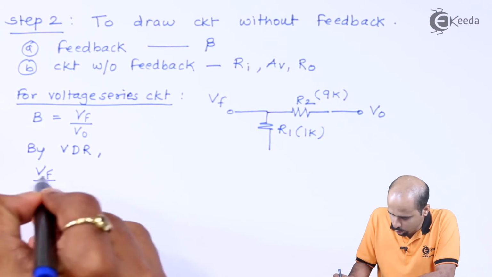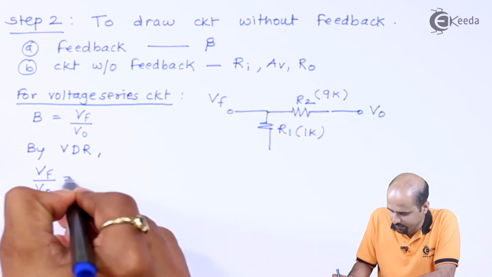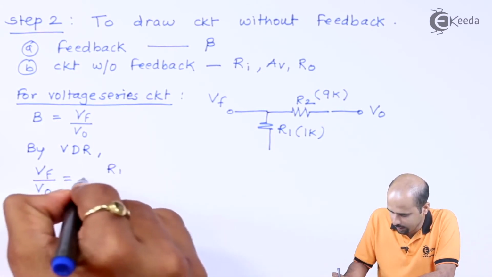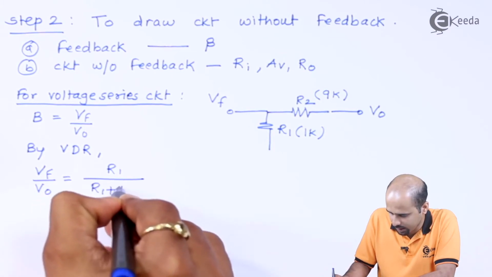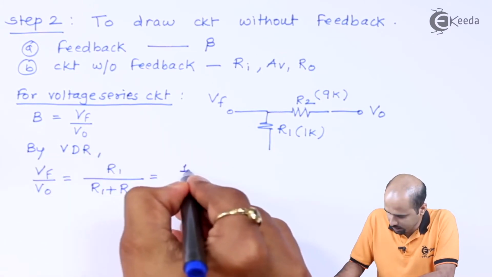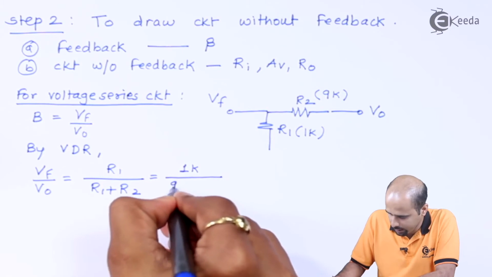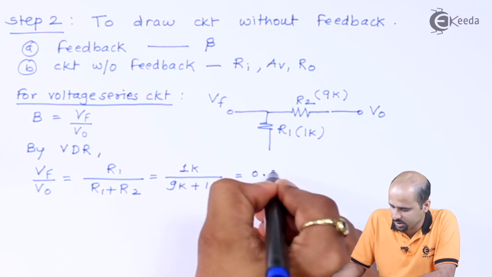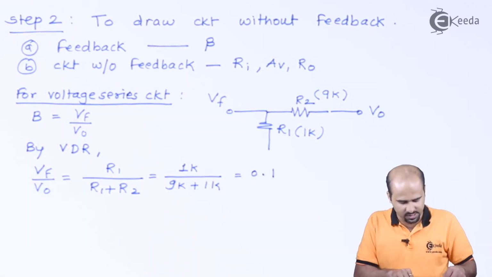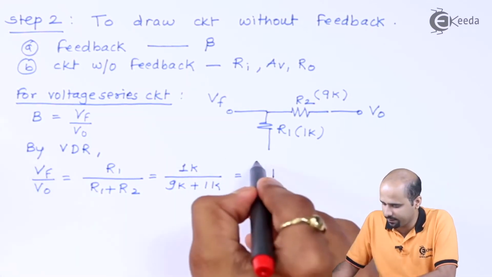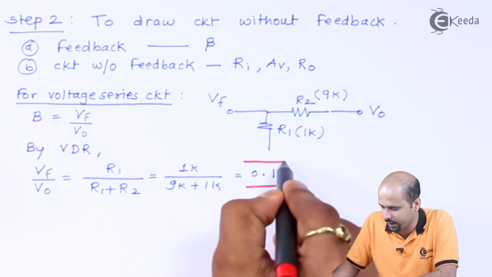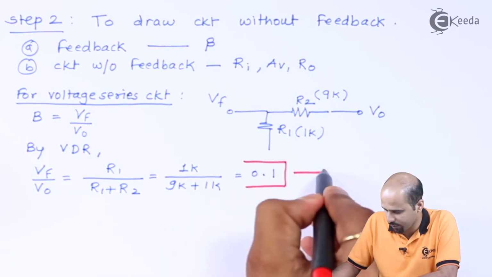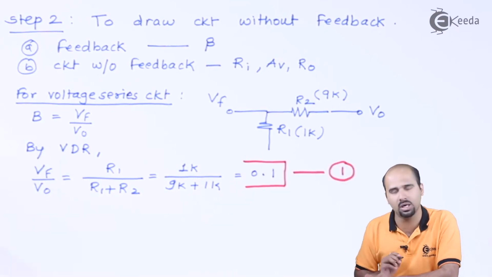So this ratio will come out to be VF divided by VO is equal to R1 divided by R1 plus R2. This is nothing but 1K divided by 9K plus 1K, and that is nothing but 0.1. This is the first finding with which I will move ahead further for the particular finding whatever they have asked us. So I will note this as equation number 1.